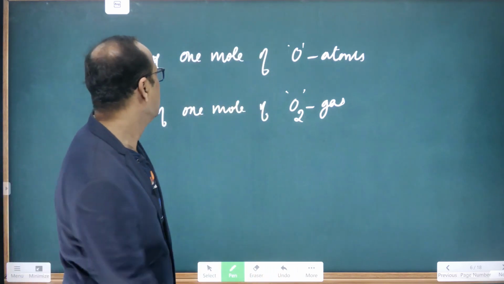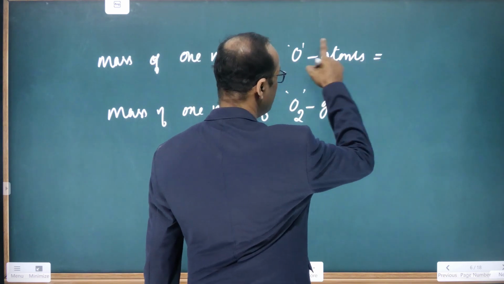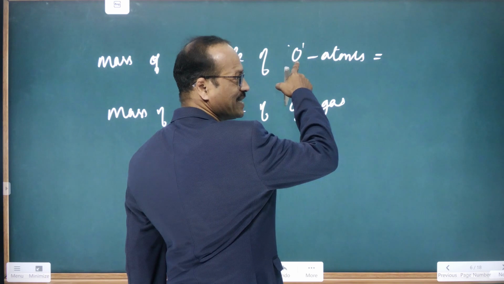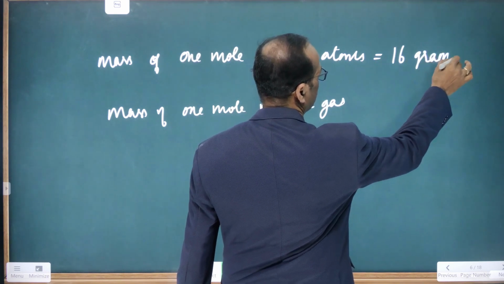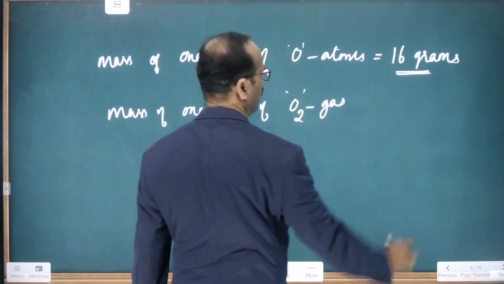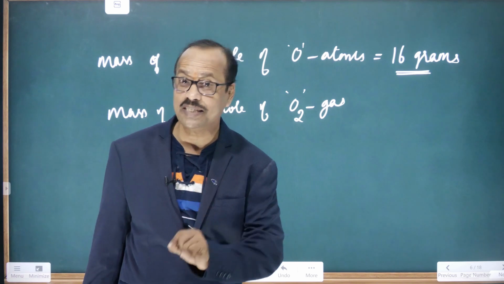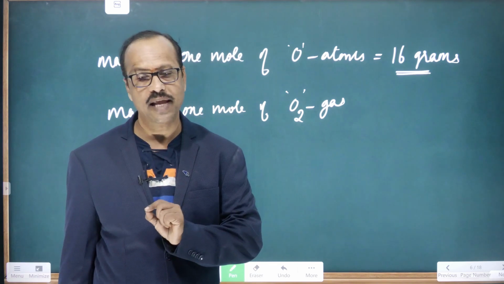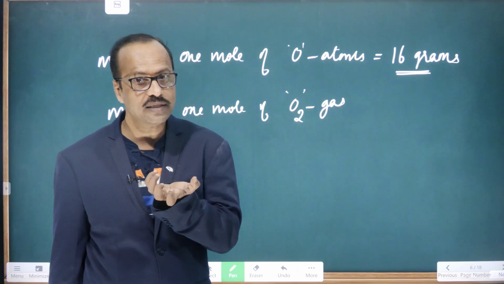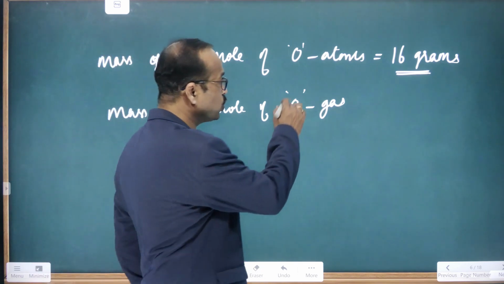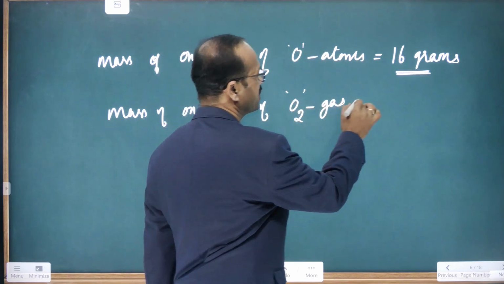Right. So, the mass of 1 mole of oxygen atoms: oxygen atomic mass is how much? 16 grams. This is right. If they ask you what is the mass of 1 mole of oxygen gas, oxygen gas is O2. 2 oxygen atoms combine to form oxygen gas. So, in O2, each oxygen atomic mass is 16, so 16 times 2 is 32.